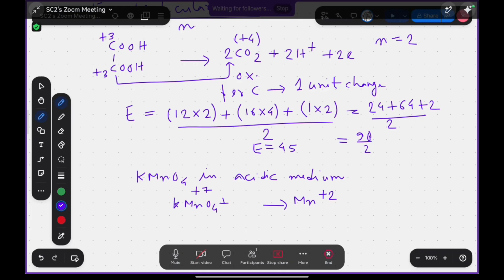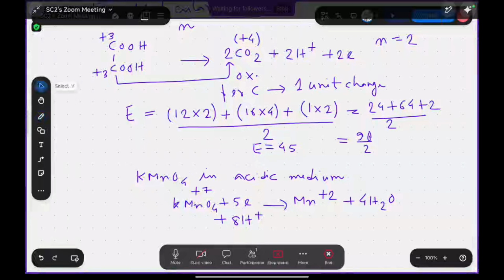That means 5 electrons change. Along with that, if you balance, the reaction comes out to be something like this. KMnO4 accepts or gains 5 electrons plus 8H+, producing Mn+2 and 4 water molecules.